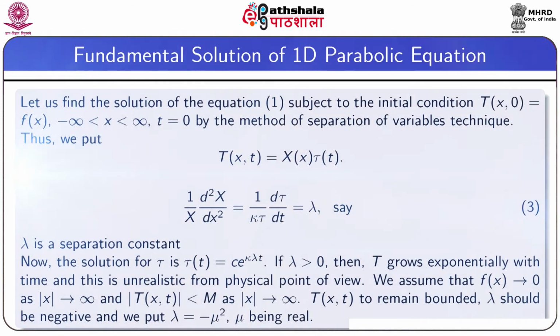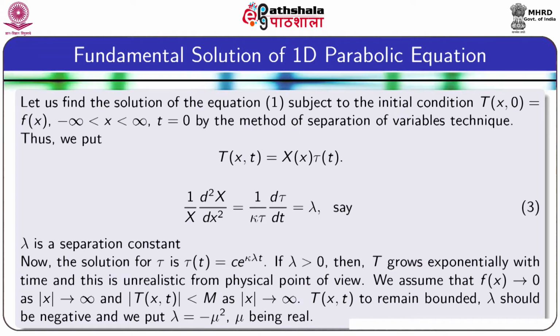Now, we want to find the solution of equation 1 together with the initial condition T(x,0) = f(x). For that purpose, we are using the separation of variables technique. So, we put T = X(x)τ(t).